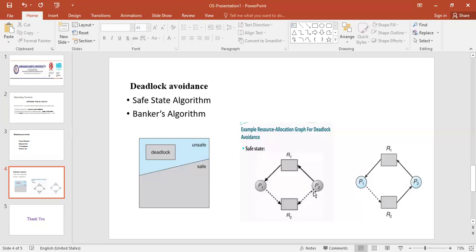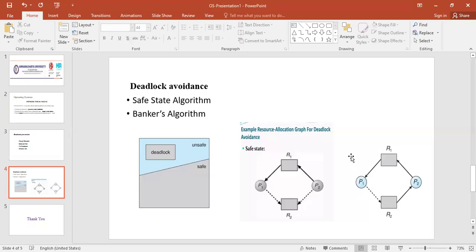Whatever claim edge is approached from process P2 will get converted to a request edge. Now, if the process P2 completes its execution, then it will release the resource R2, and it will be acquired by the process P1.